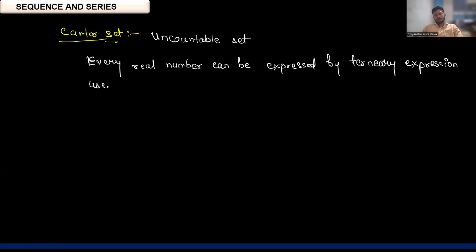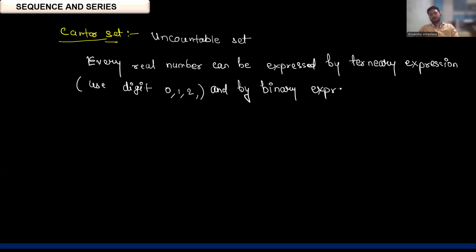The ternary expression uses the digits 0, 1, 2, and the binary expression uses the digits 0 and 1. These are ternary expressions. Okay.